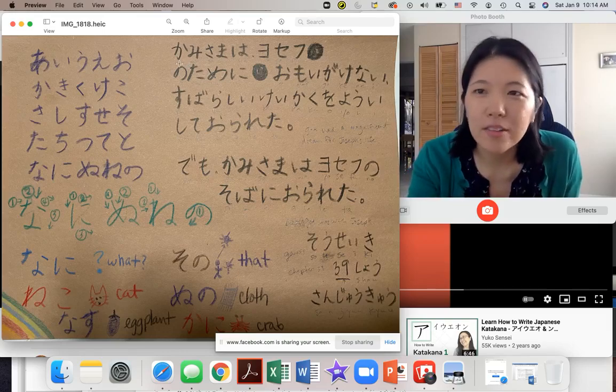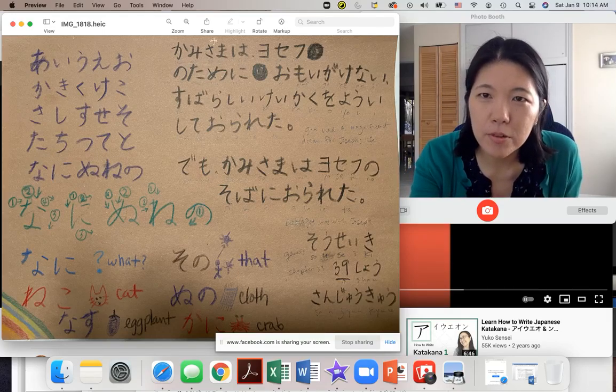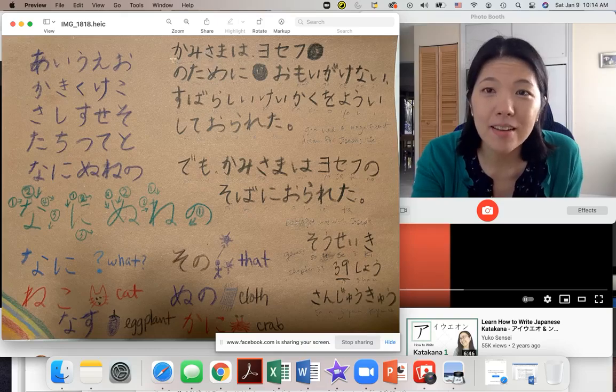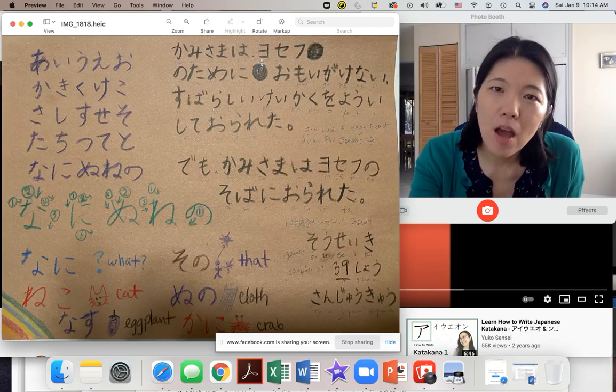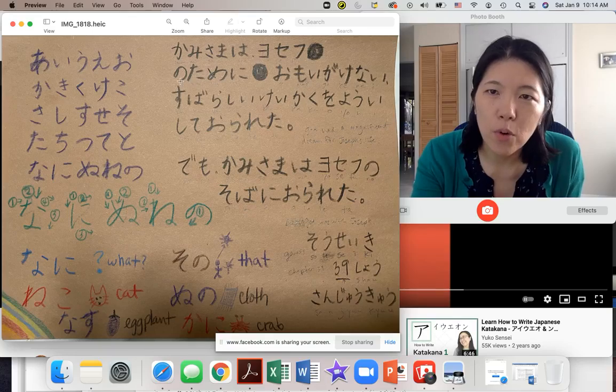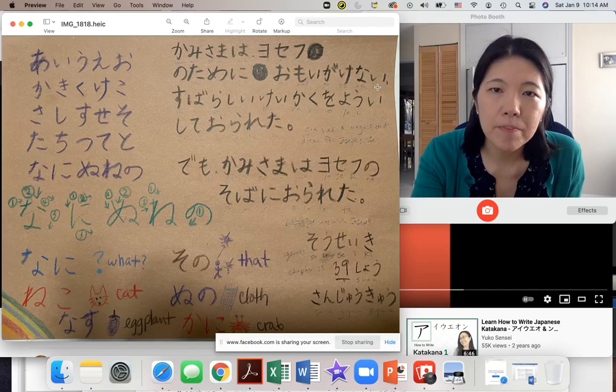So you know this. Kami-sama wa, you know this too. Kami-sama is God. Kami-sama wa Yosefu. Yosefu is Joseph, right? Yosefu no tameni, for Joseph, God for Joseph, omoigakenai. Omoigakenai is unexpected. Subarashii is wonderful.